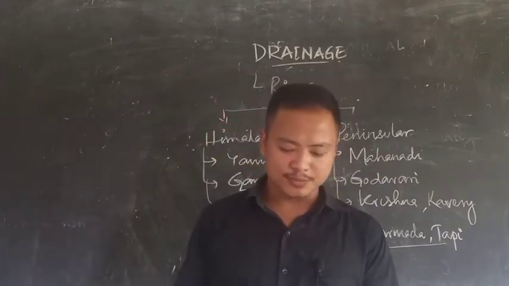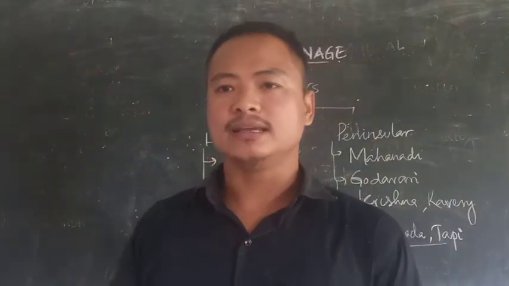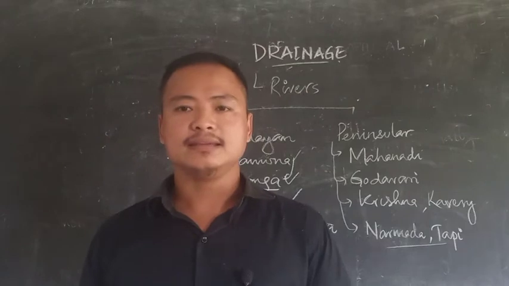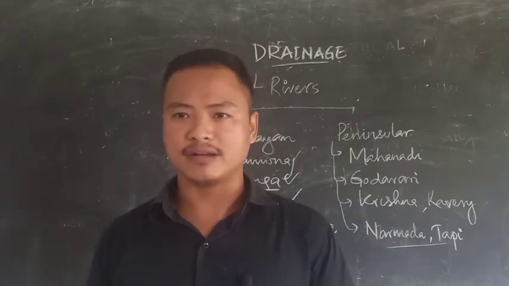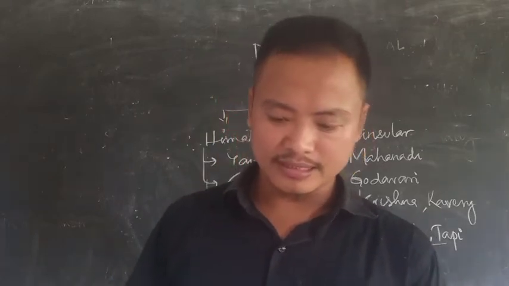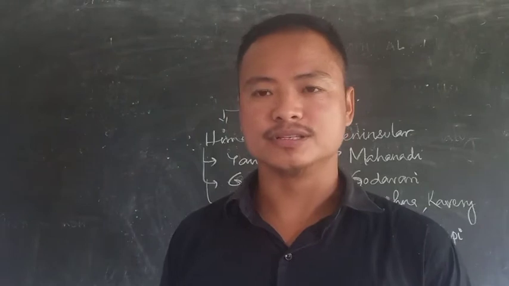So these 5 major tributaries have mostly originated in the outshoots of the Himalayan range of the Himachal and Uttarakhand mountain systems.